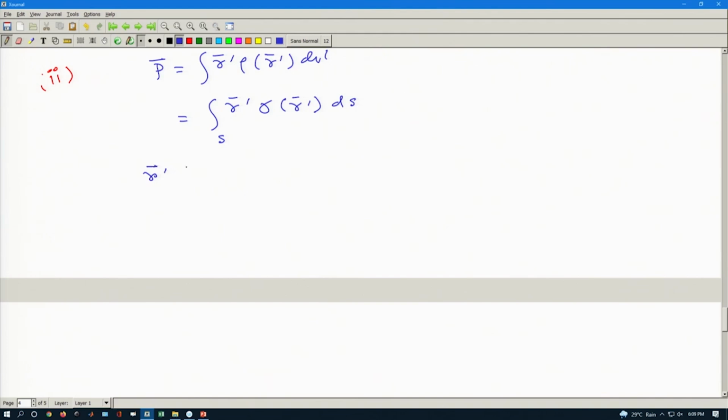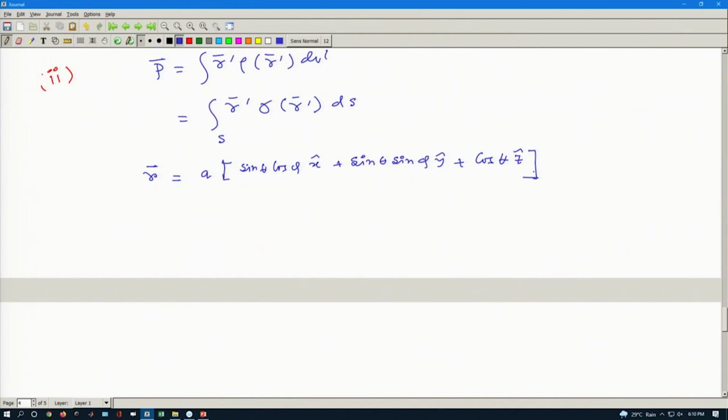So r, simply I write r over the sphere, it is sin theta cos phi x unit vector plus sin theta sin phi y unit vector plus cos theta z unit vector, that is the value of r.